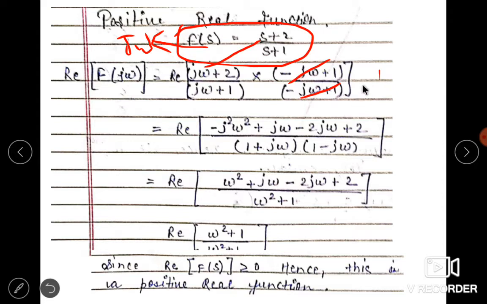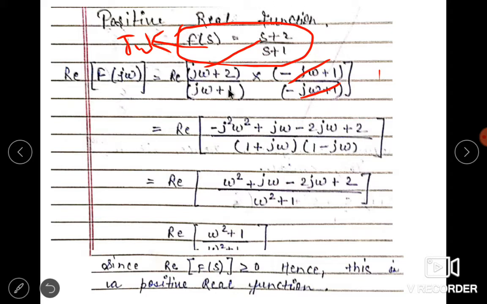So it doesn't matter. Now what we have to do, just multiply this equation, (j omega plus 2) into (minus j omega plus 1), and it would be like that, j square, j into j square minus, so minus is still here. Now j omega square is omega square plus j omega, if you multiply with 1, j omega, and like this 2j omega plus 2.